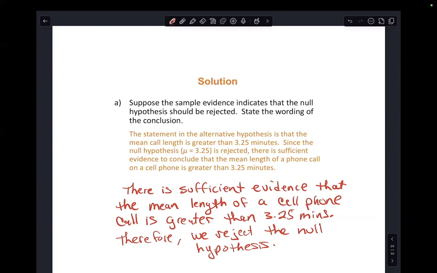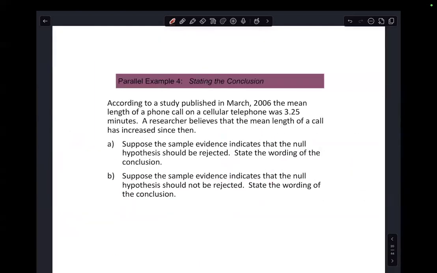All right, I think I have one more. Yeah. So now we're going to do this one saying it should not be rejected. So now we're going to fail to reject. Okay.